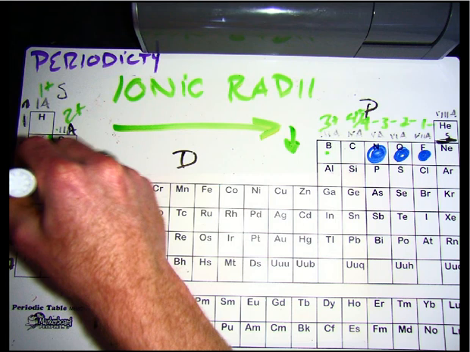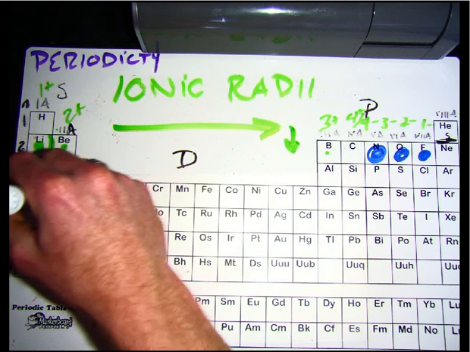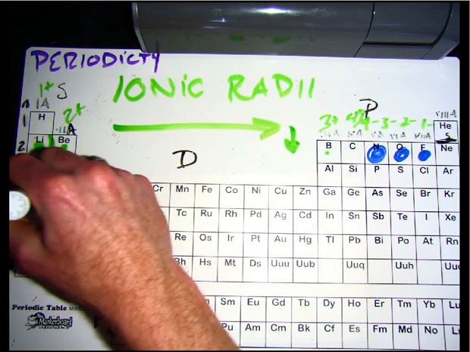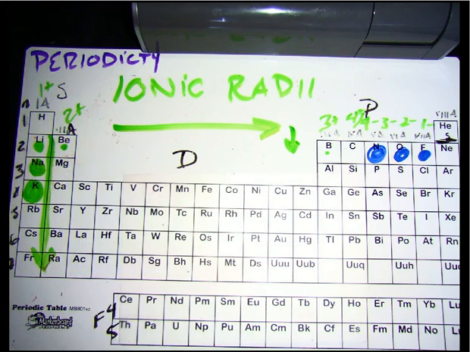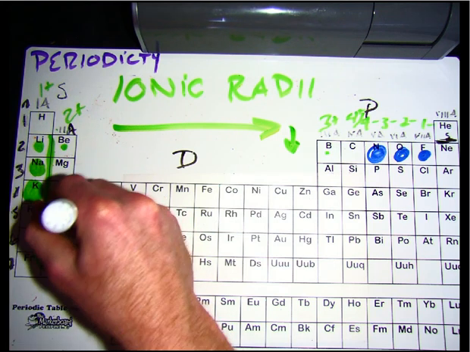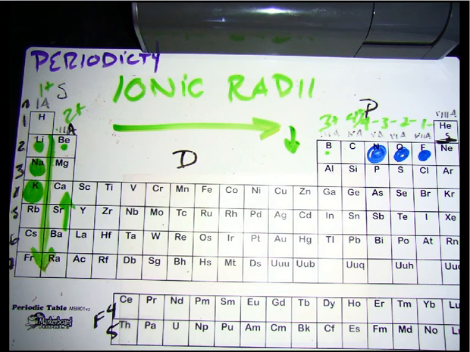As you move down the periodic table, though, it's the identical reason and trend as atomic radius. As you move down the periodic table, ionic radius also increases because I'm adding more and more valence shells. You cannot discuss ionic radius and noble gases because noble gases typically do not form ions.